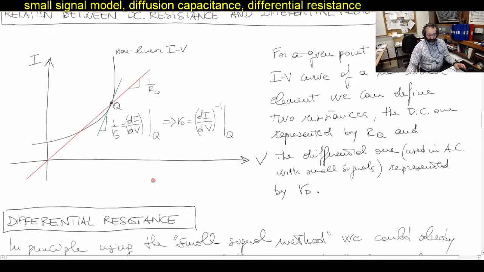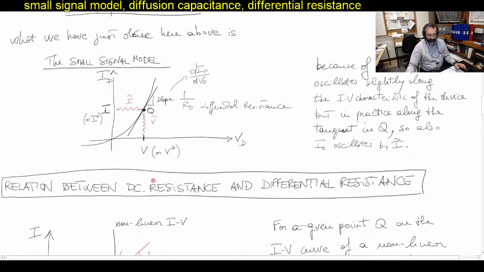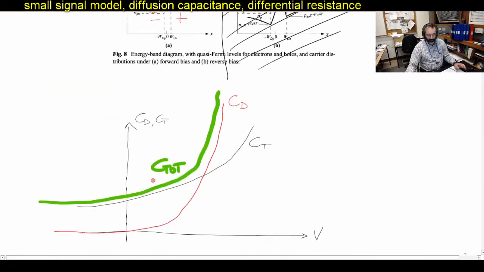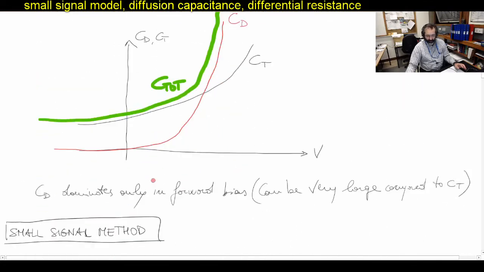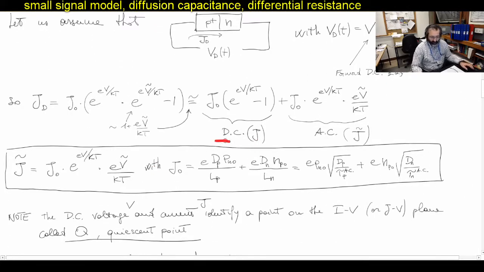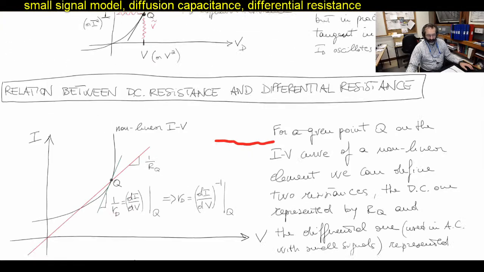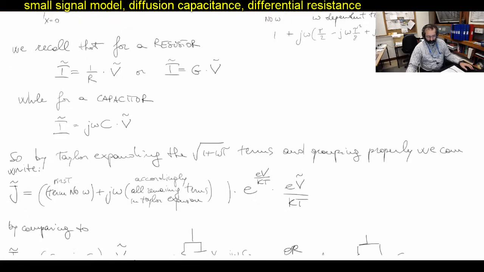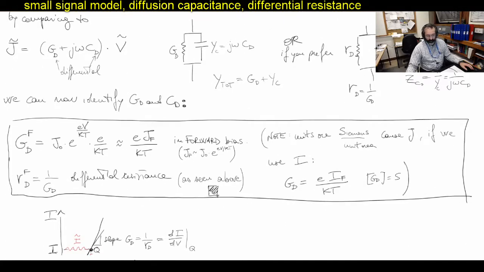If I go back to the plot, it is this constant current here, effectively. So we were here.